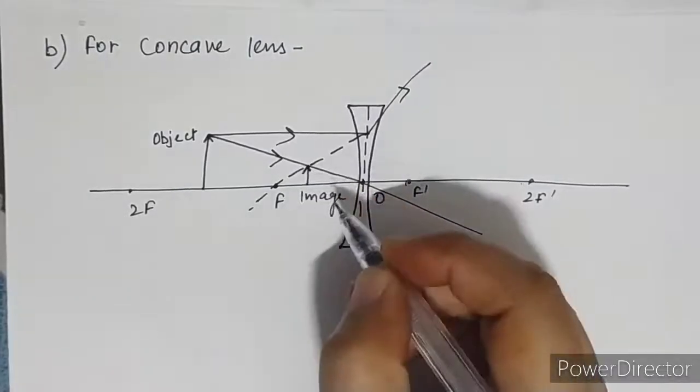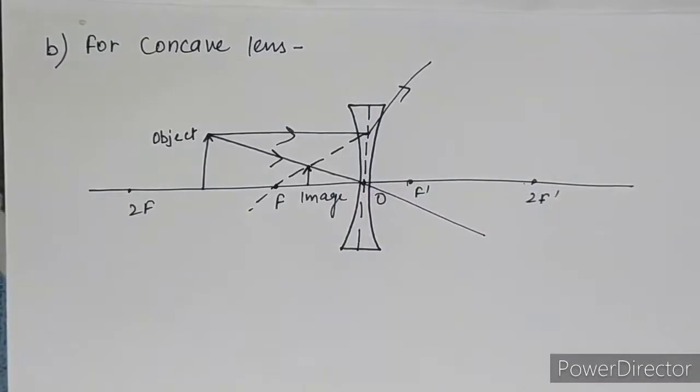So here your image has been formed. In the concave lens, it makes virtual images, and it is a divergent lens, and only one kind of image is formed in this. So for the concave lens, we use only two rules.